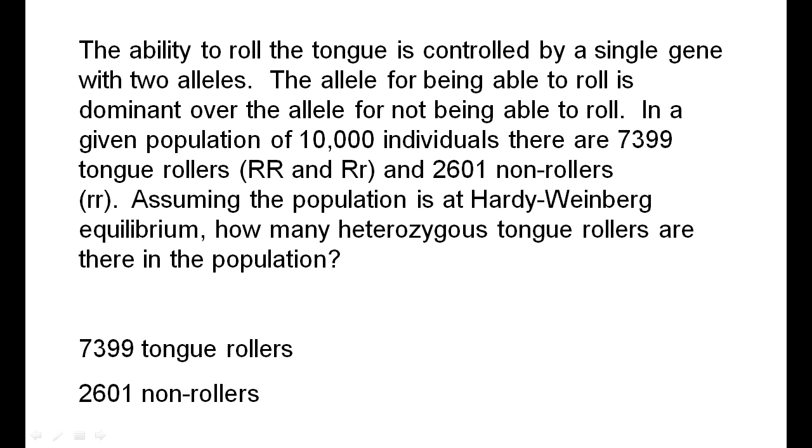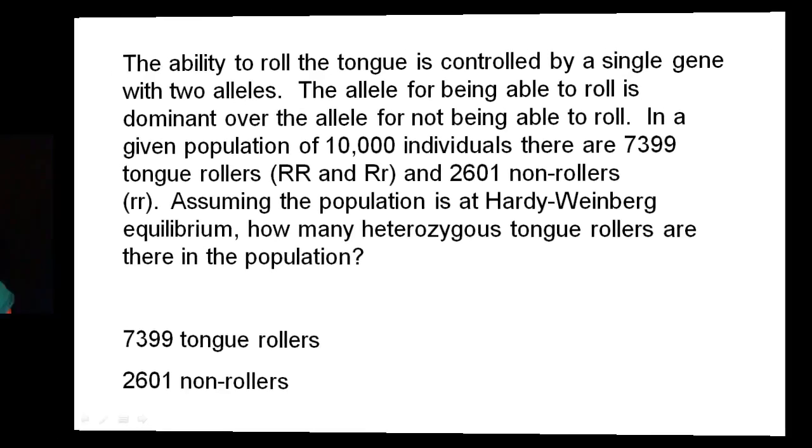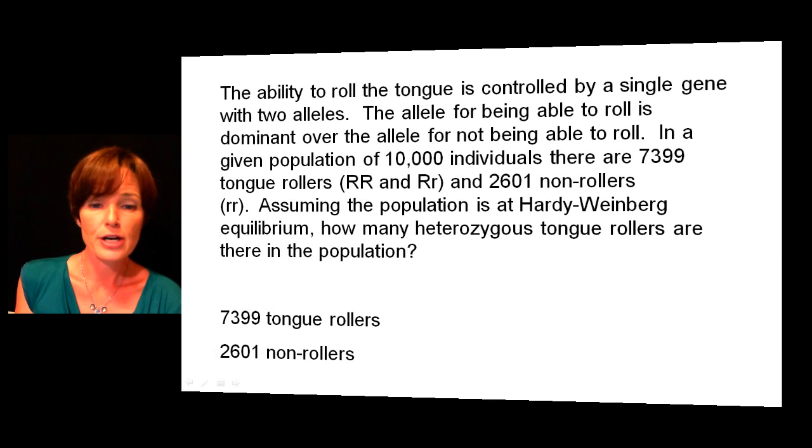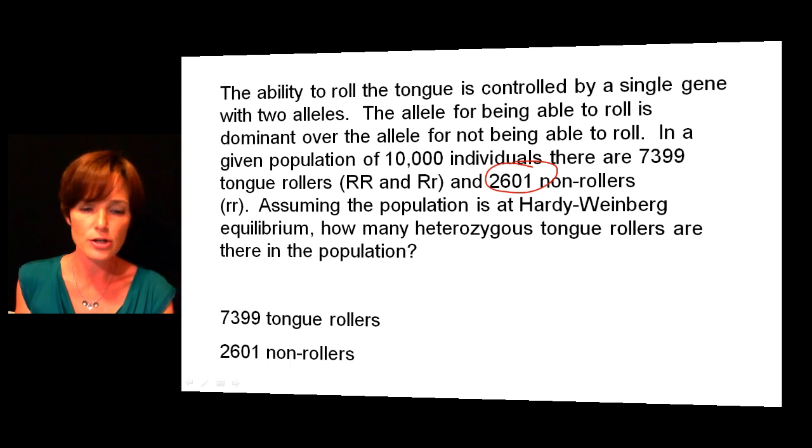Okay, so we can't just look at someone and tell that they are a tongue roller, because there's both the big R and the heterozygous ones that look exactly the same, or both display this tongue rolling. So we have to take this information and use it to figure out the heterozygous percentage. The easiest way to go about this is to look at the non-rollers, because that's the little r.